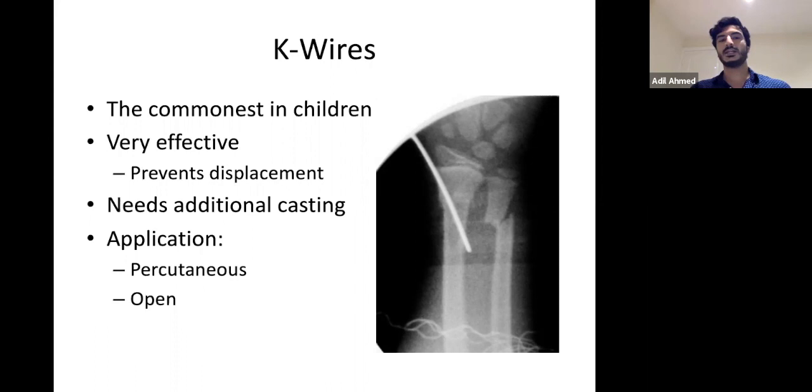It says percutaneous or open on the slide, but realistically, you only need to open the area if there is significant displacement which you cannot achieve with closed reduction. And actually in children, most of the time you can probably achieve a good closed reduction.